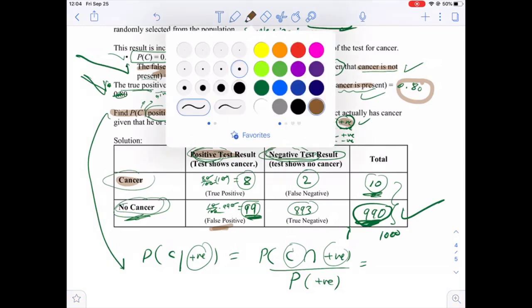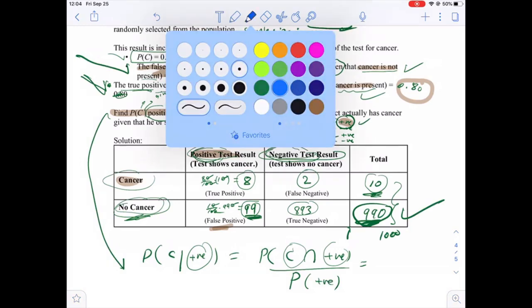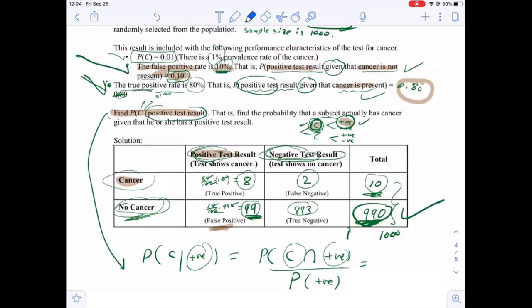We use a different color. Having cancer with positive result, we have 8. So 8, but this is not a probability. This is 8 out of 1,000 people. That's the sample size, or the sample space size. We usually divide by that when we find the probability.